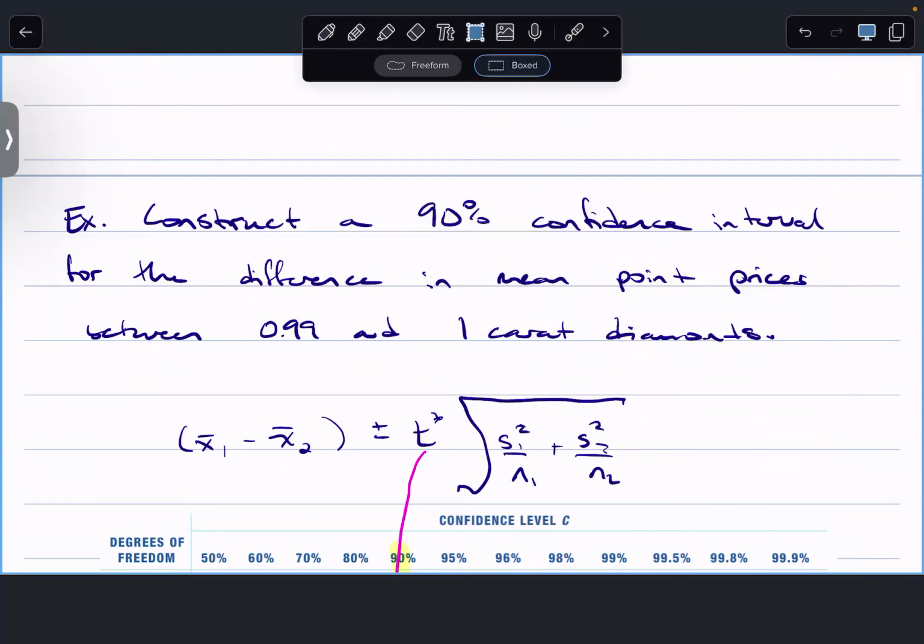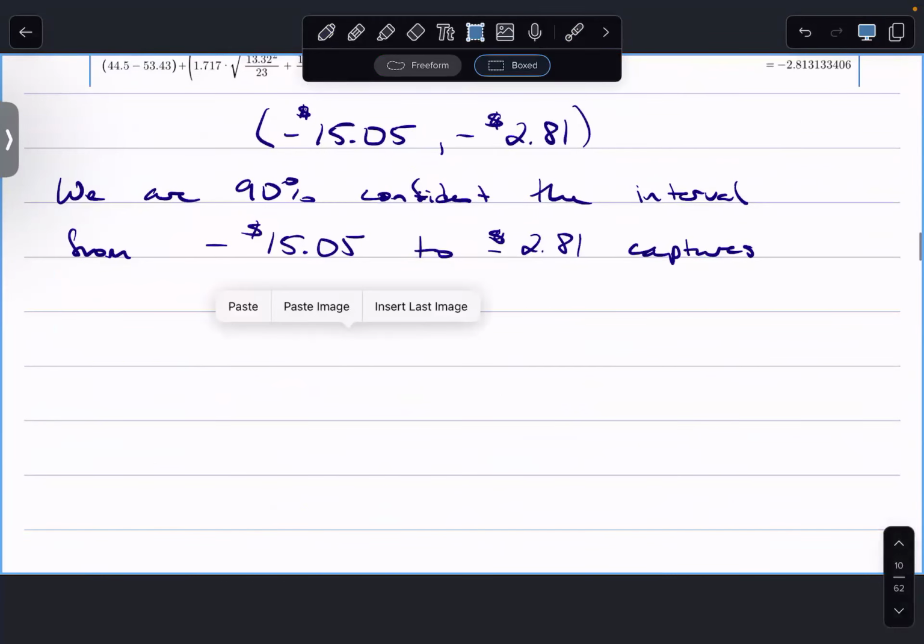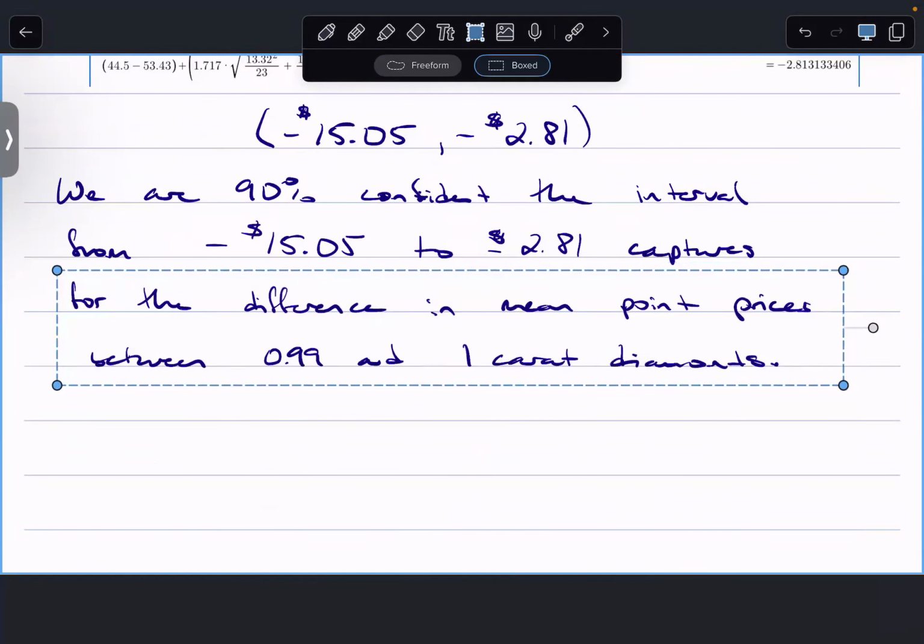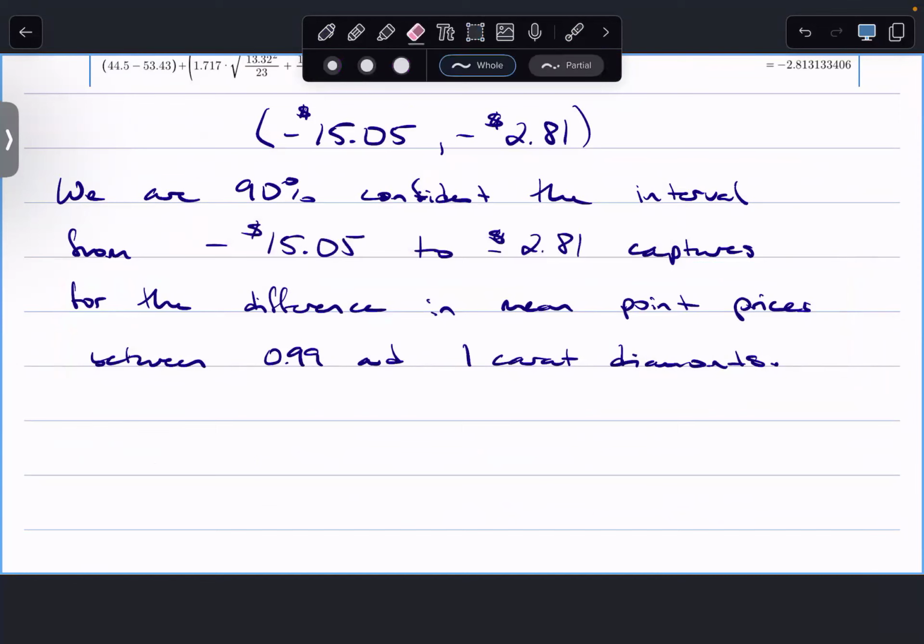So I'm just going to copy that. Captures the difference in mean point prices between 0.99 and 1 carat diamonds.